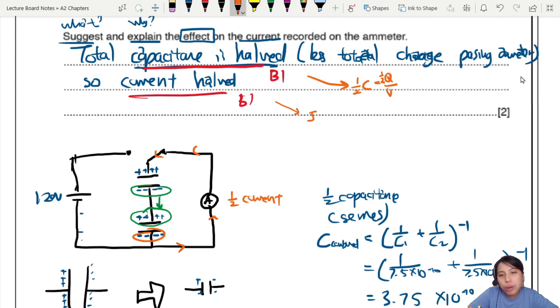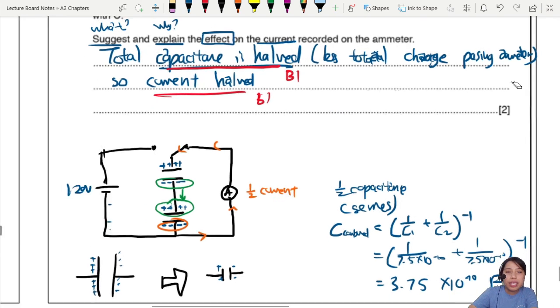And current, current is what? In here, you're measuring the average current over 1 second. So this one is also half already. Lesser charge passes through in 1 second, lesser current. So that's what I'm trying to talk about over here. Okay, so that's all for this question.